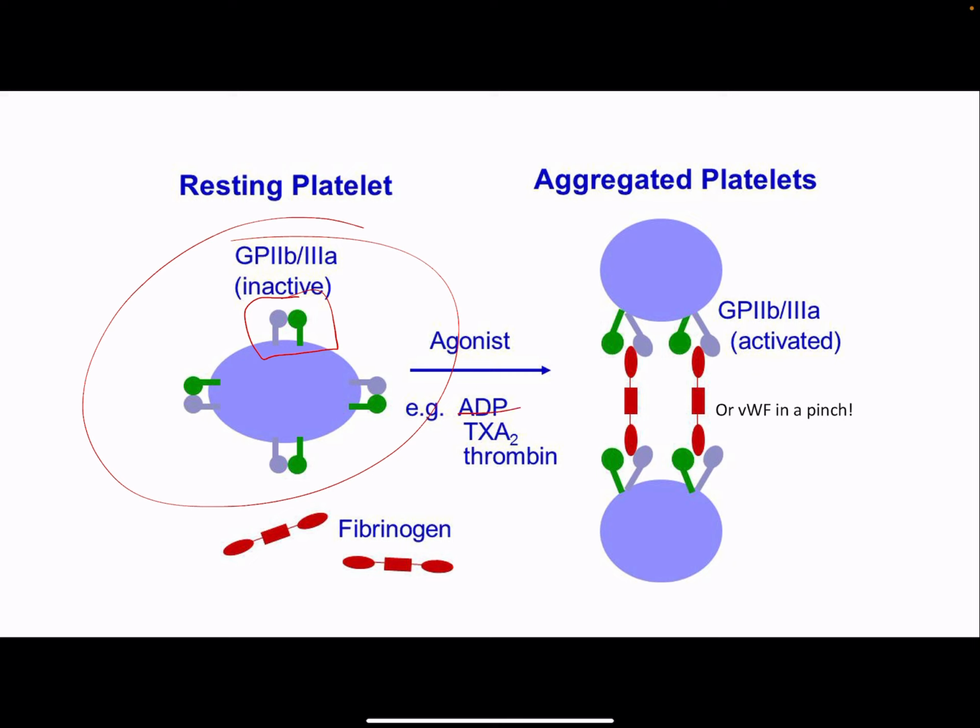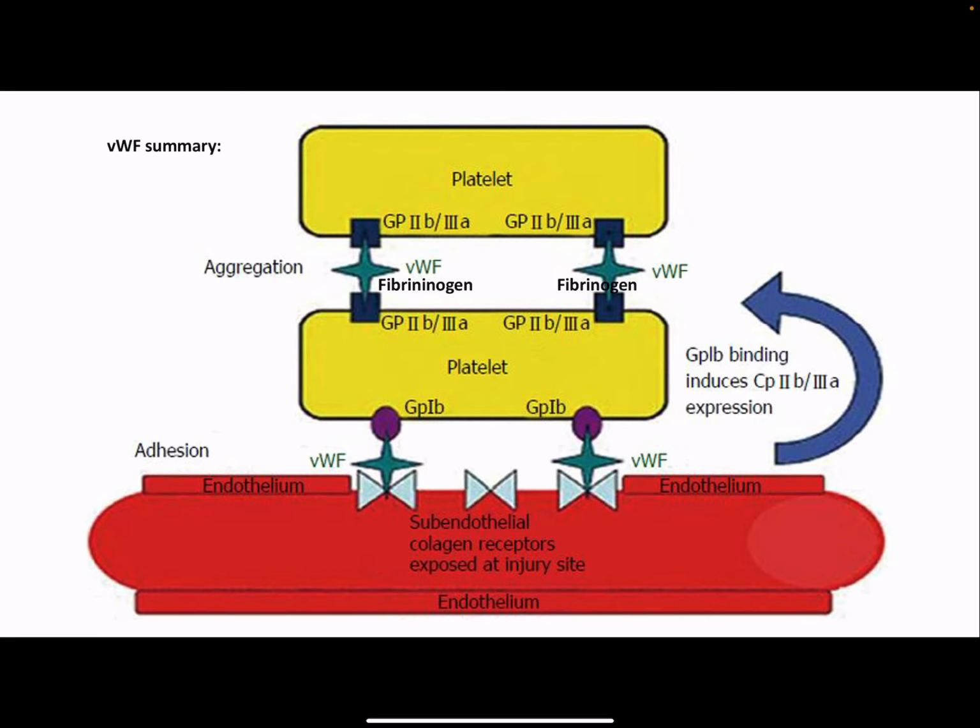Things like ADP, thromboxane, and thrombin will activate them. Now, they don't necessarily bind directly to one another, but using fibrinogen as a mediator, they can each bind to fibrinogen, which will bind them to one another. Sometimes, though, they can use von Willebrand factor to also bind to one another, but usually it's going to be fibrinogen.